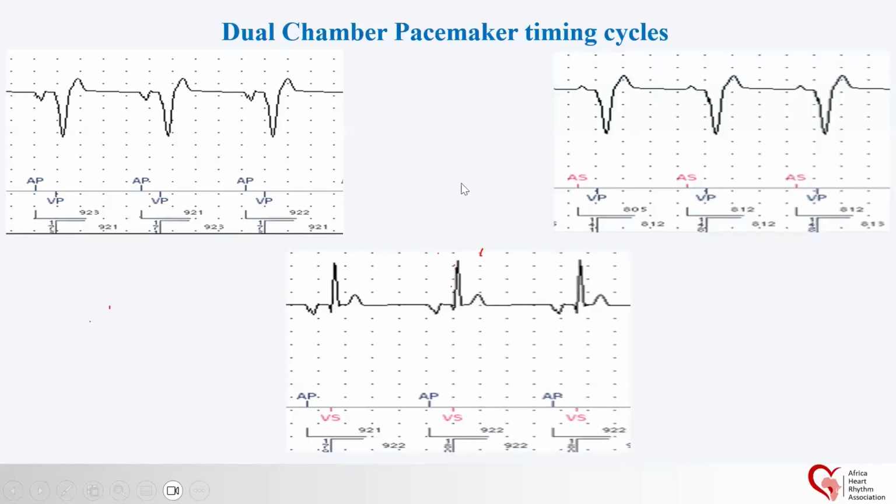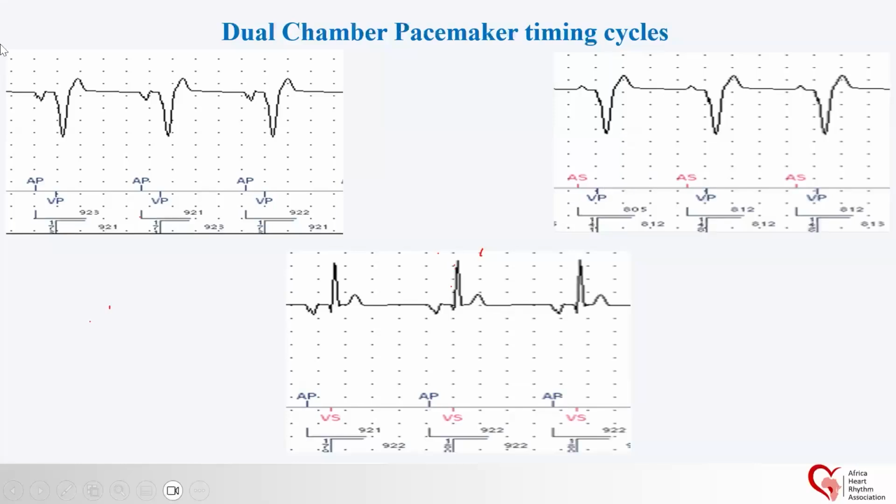The second scenario is that the pacemaker detects in the atrium and paces in the ventricle. And the last one is when the pacemaker paces in the atrium and detects in the ventricle. So we need to understand these timing cycles to understand how the pacemaker will work.